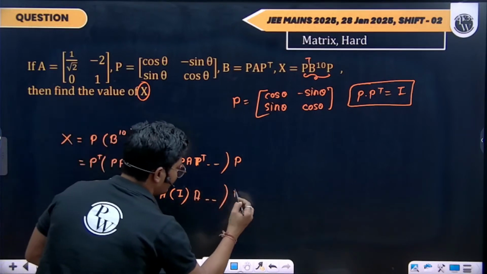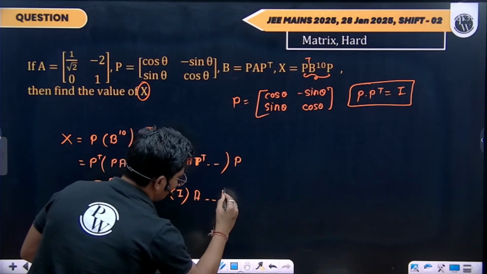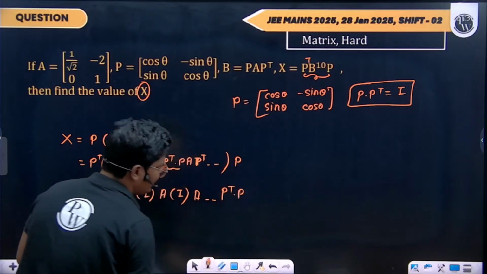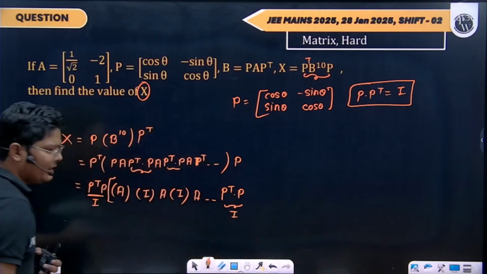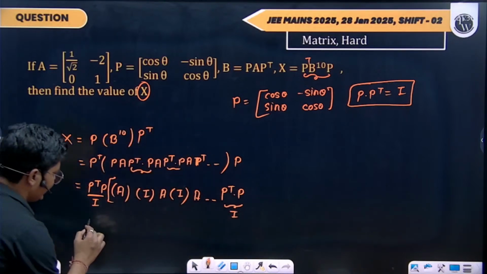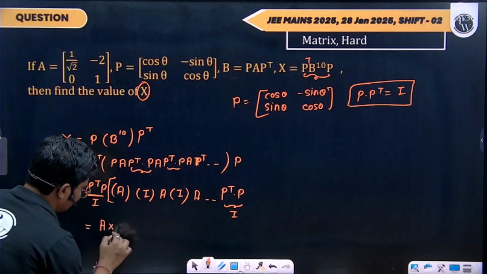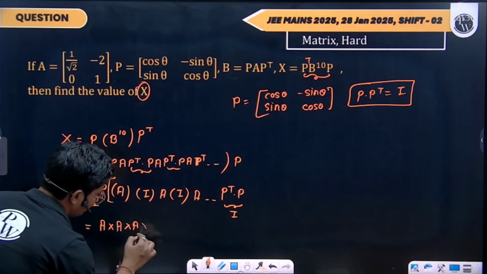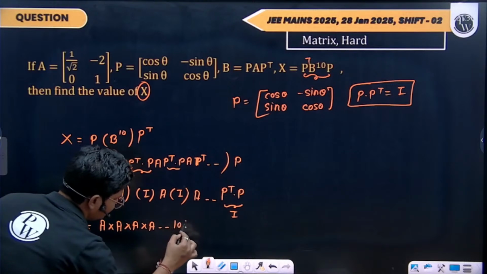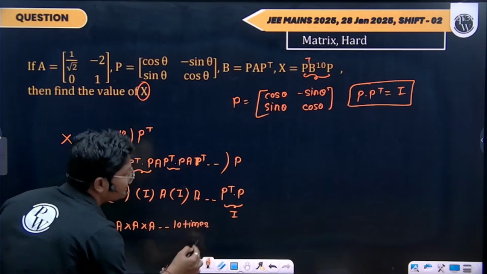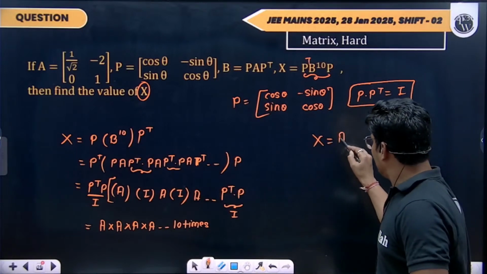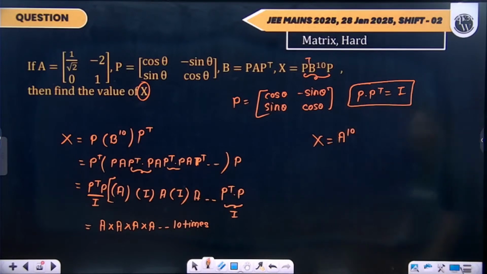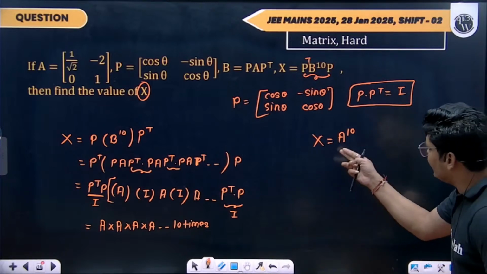In the ending we will have a transpose of P and P, so this will also become an identity matrix. Now, how many times is A multiplied? A is multiplied 10 times. So now the value of X will be A to the power 10.